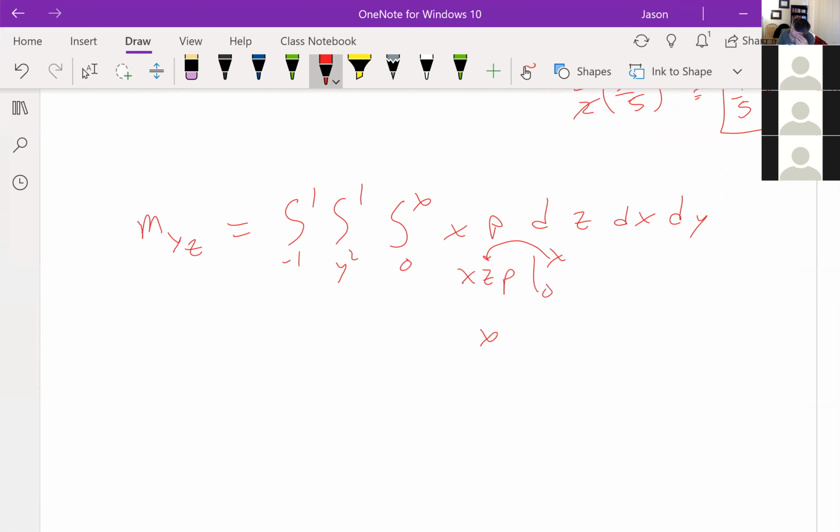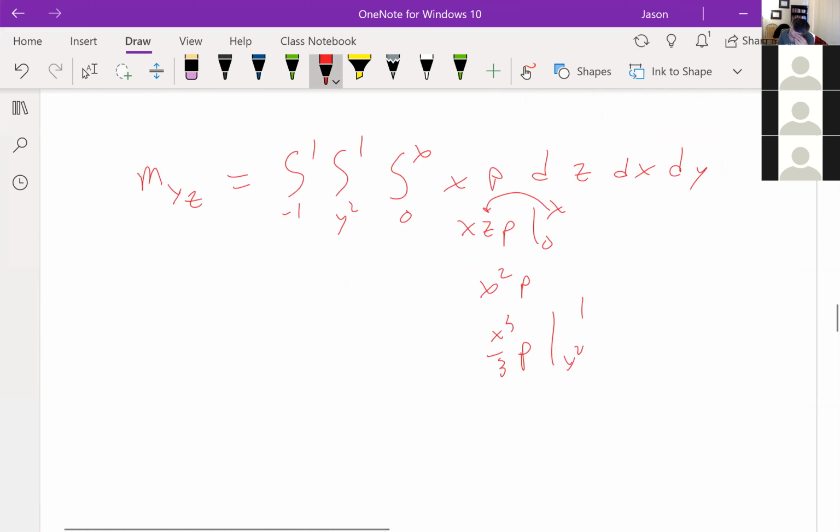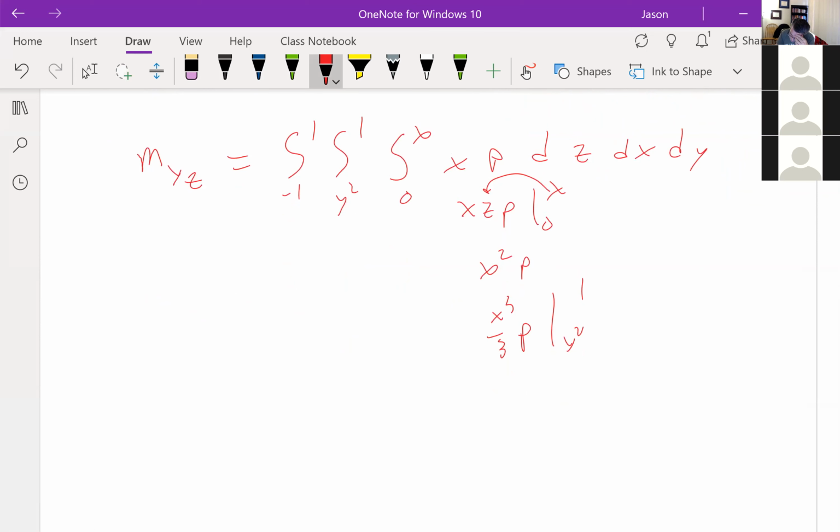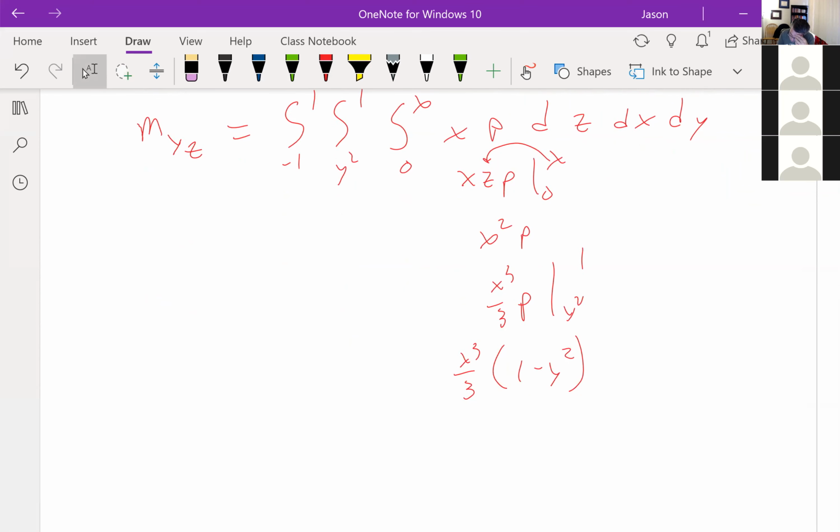Plug in my x, that's x squared p. Let's take the integral now with respect to x. This is x cubed over 3 p, y squared 1. So this is going to be x cubed over 3, 1 minus y squared. Then I'm going to take that, negative 1 to 1 with respect to y.